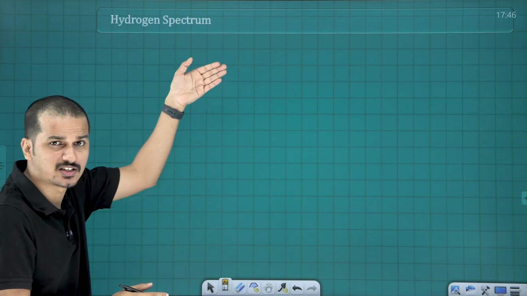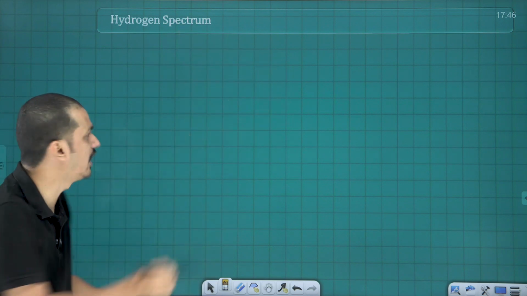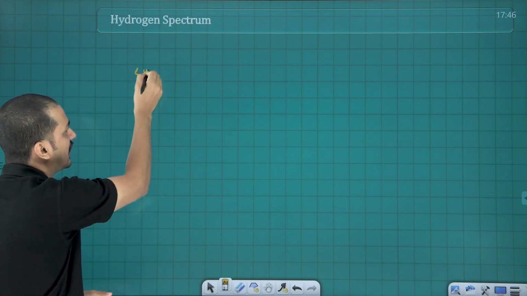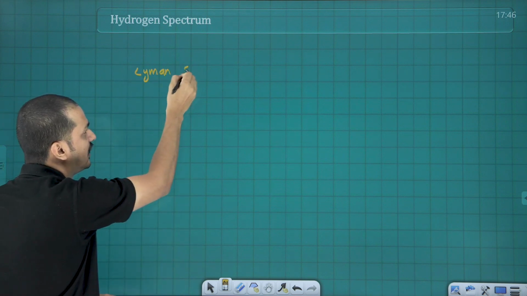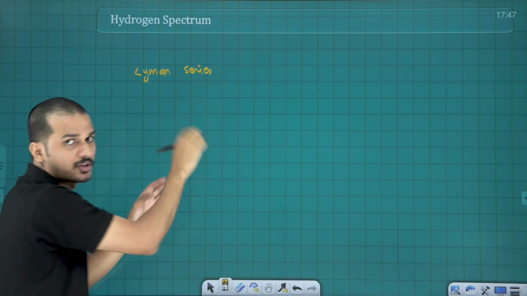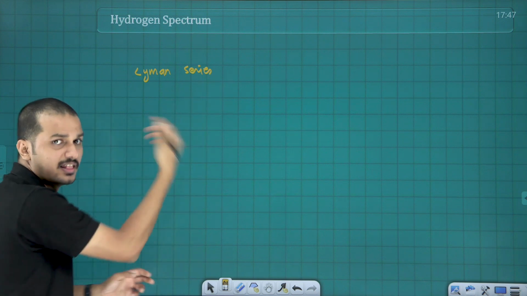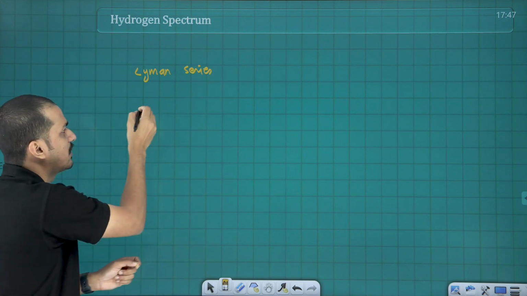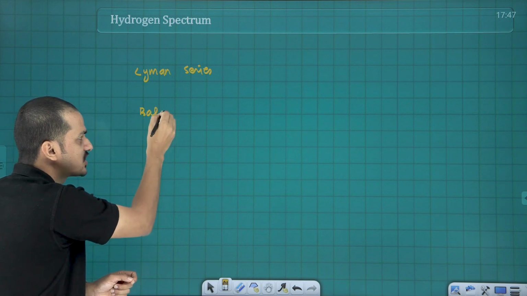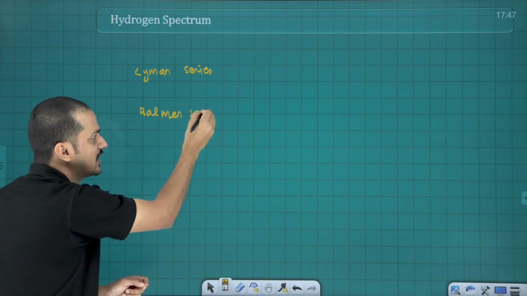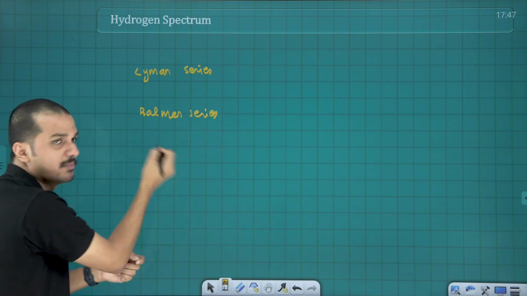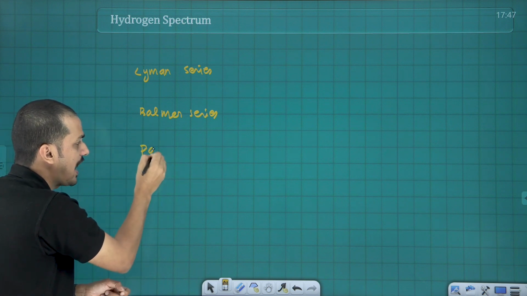If the electron is jumping from anywhere to n equal to 1, that is the Lyman series. Anywhere to n equal to 2 is the Balmer series. Anywhere to n equal to 3 is the Paschen series.